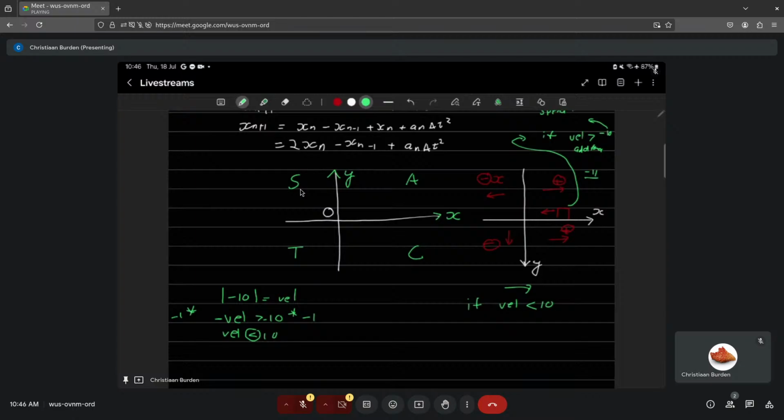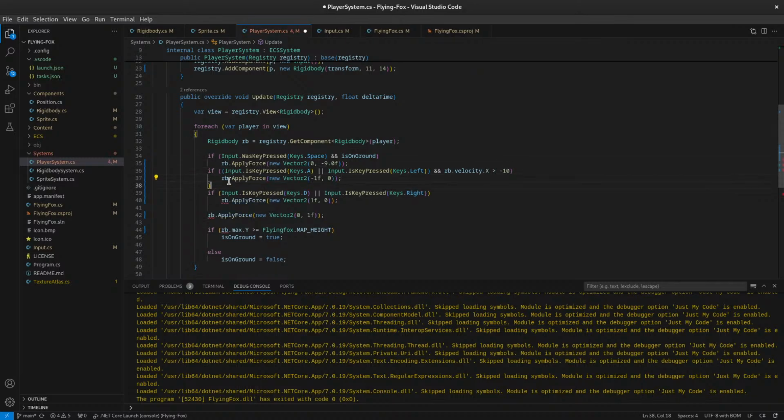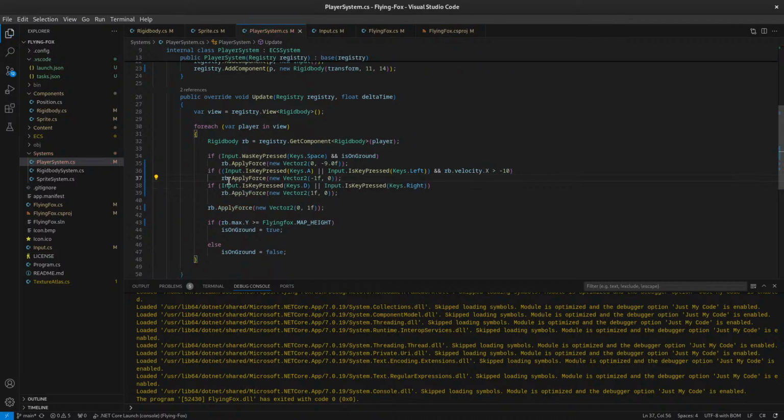So let's implement that part. Let's go here. Since this is a one-liner, we can still just leave it like that. It's going to look better. Okay.